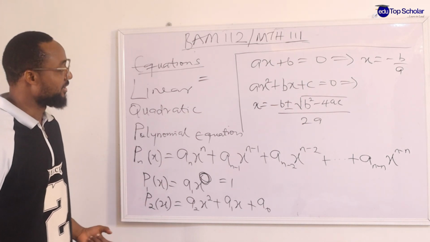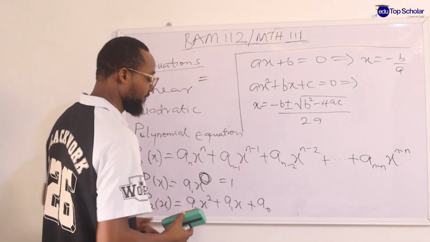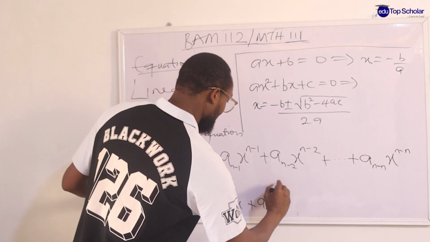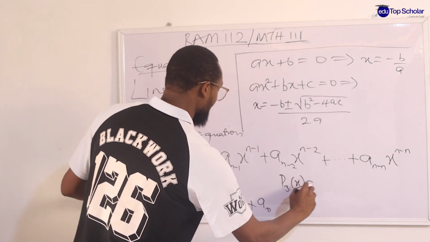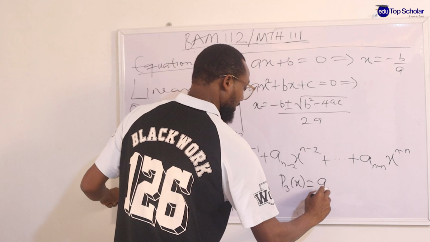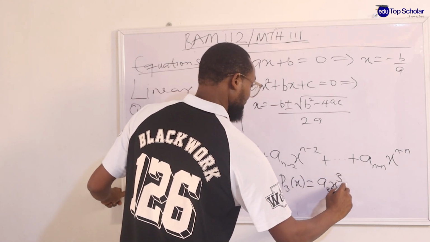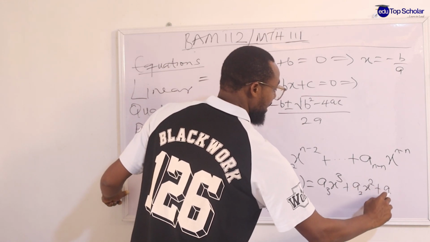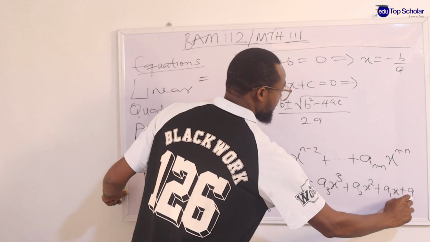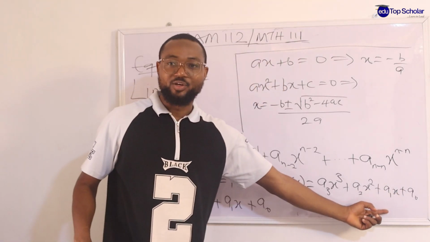If our n is equal to 3 from here, it follows that we have p3 of x now will be a3 x raised to the power 3 plus a2 x squared plus a1 x plus a0. And this one is a cubic equation.